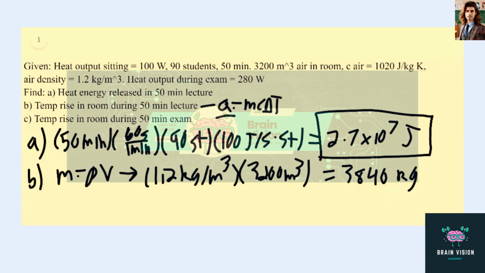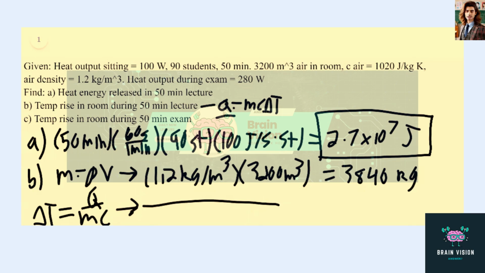We have everything now, and now we can rearrange that equation and solve for delta T. So delta T equals Q over MC. We plug in our known numbers. I'm going to do the bottom first to make sure I leave enough space. 3,840 kilograms.